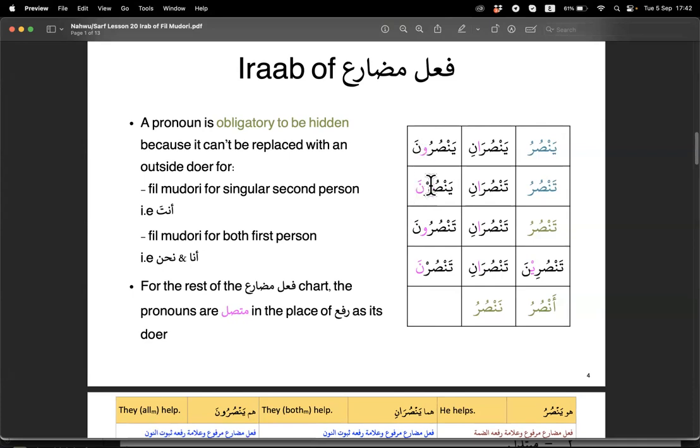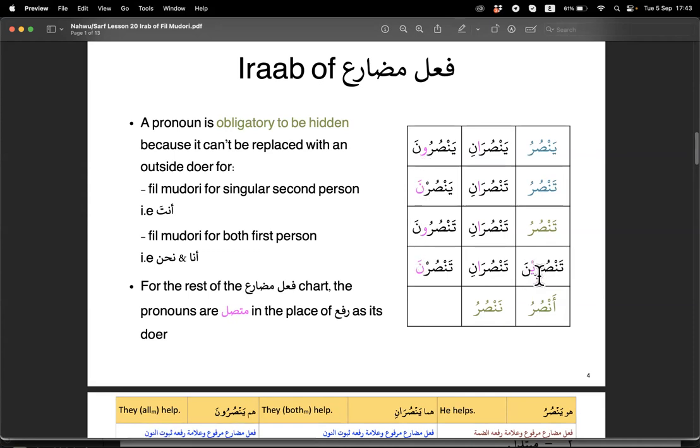What do we call this noon? Noon of the feminine, not nahnu noon. Nun niswah. This one is still waw jama'ah. This alif is alif of the dual. This nun is also nun niswah because they are feminine plural, right? Both are called nun niswah.